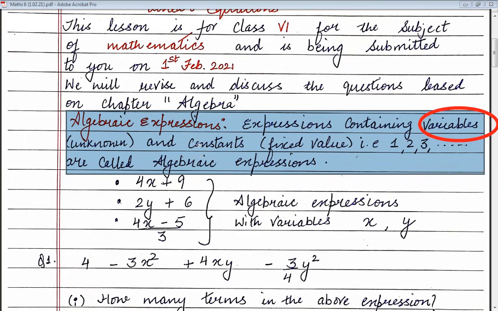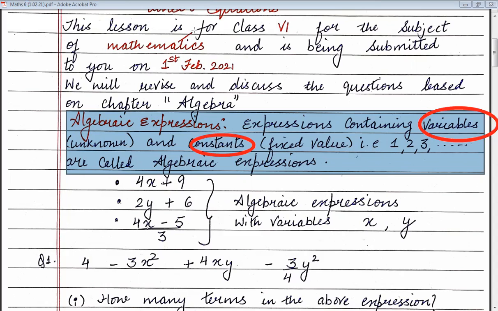And what are constants? Constants are fixed values, that is numerical values, that is 1, 2, 3, and so on. So any algebraic expression contains these two, variables as well as constants.